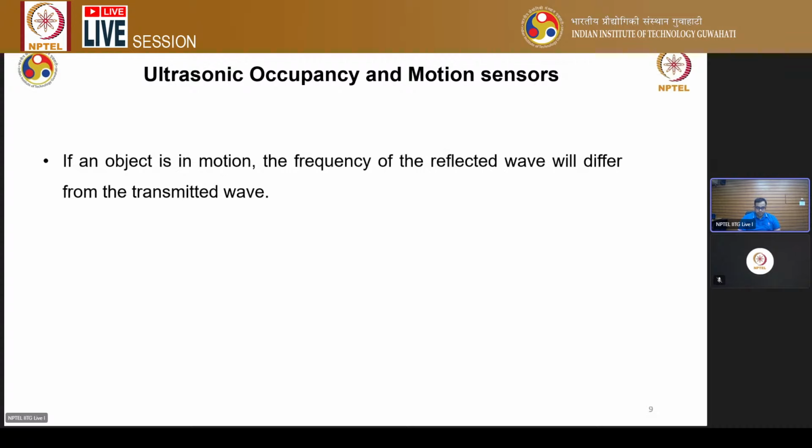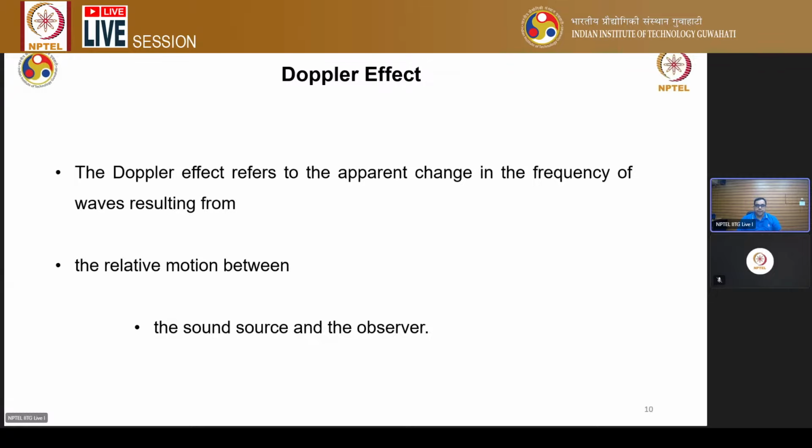If an object is in motion, the frequency of the reflected wave will differ from the transmitted wave, because a portion is getting absorbed. This is known as the Doppler effect, which refers to the apparent change in the frequency of the wave resulting from the relative motion between the source of the sound and the observer.